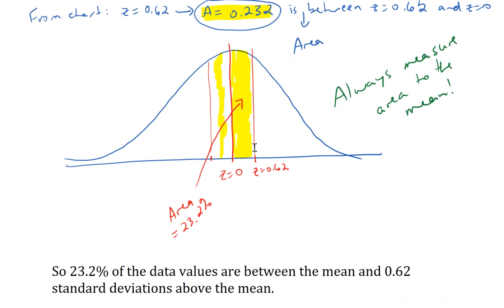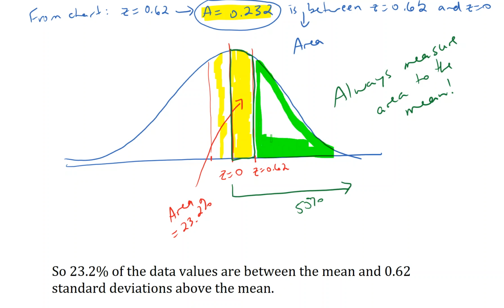We could also say something like if this area here is 23.2% and from the mean all the way to the right is 50%, then the area in this green region here would be 50% minus 23.2%, which is 26.8%, I believe.